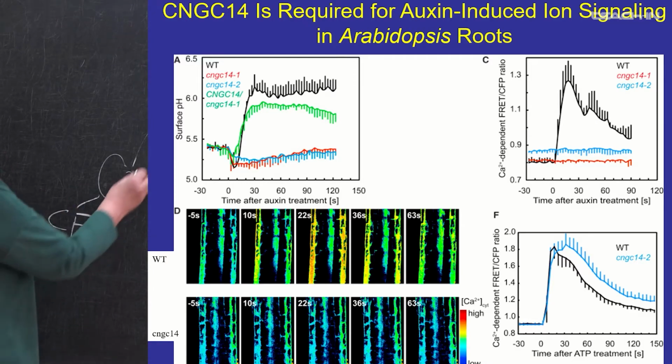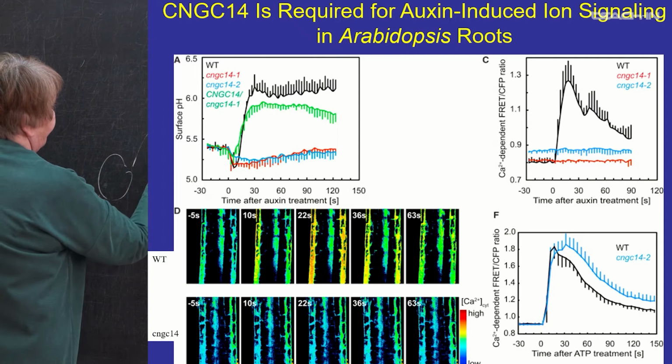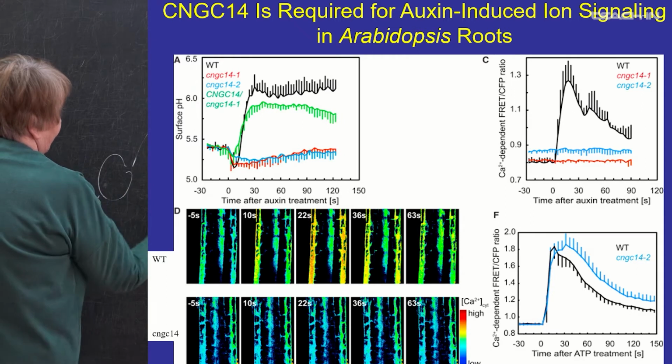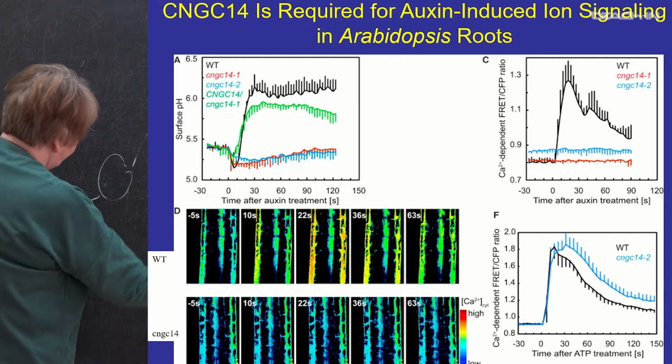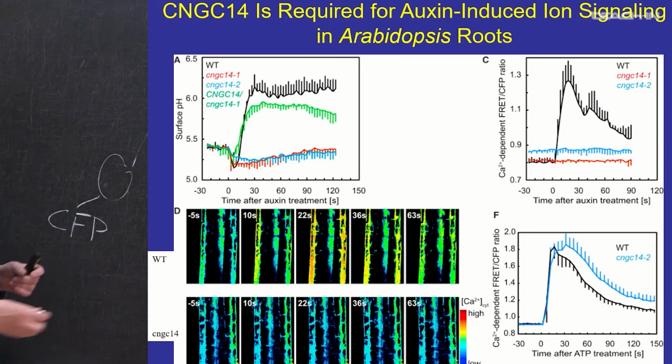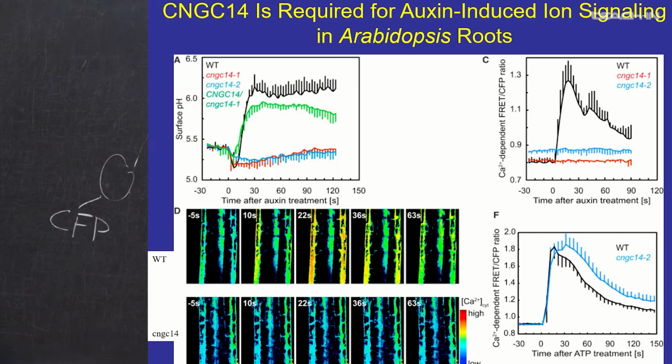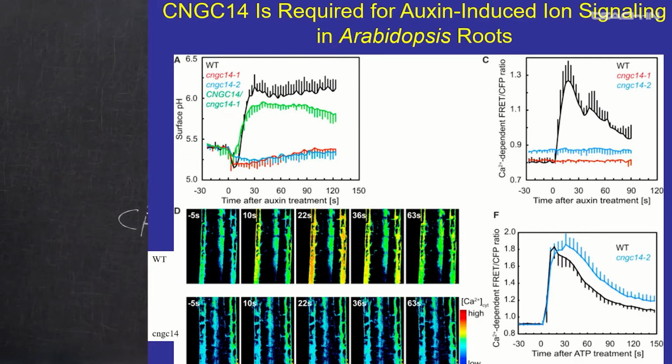So when calcium bound to calmodulin, then these parts come together, and as a result, YFP and CFP find themselves in a close proximity. All right?